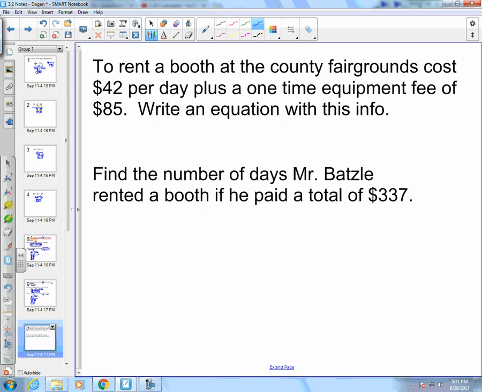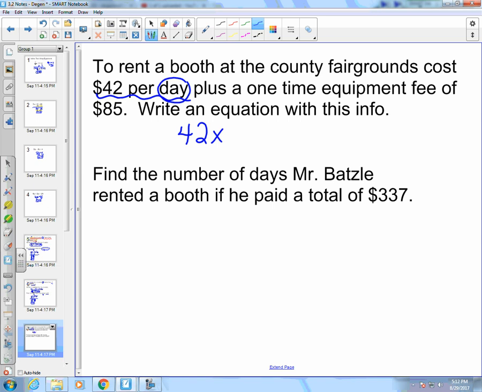To rent a booth at the county fairgrounds costs $42 per day plus a one-time equipment fee of $85. Write an equation with this info. Okay, we're only looking at that top part. $42 per day. We don't know how many days. So we're going to say $42 per day.